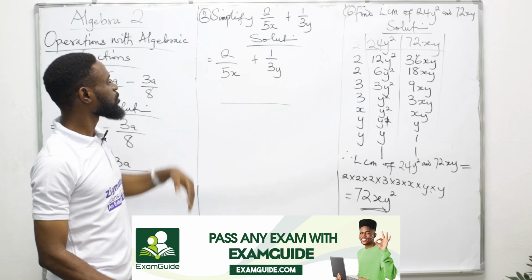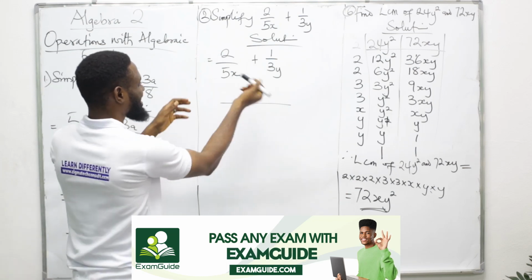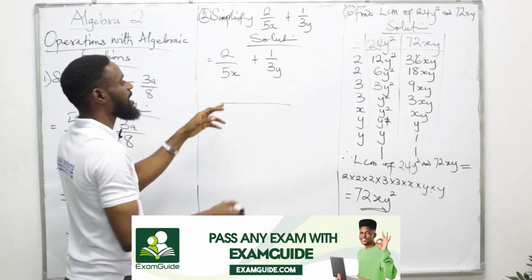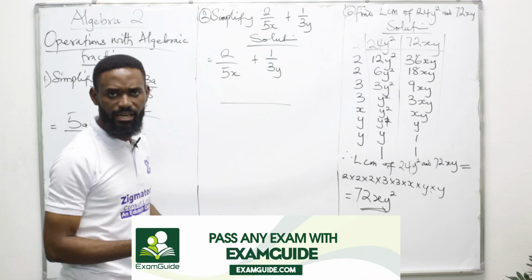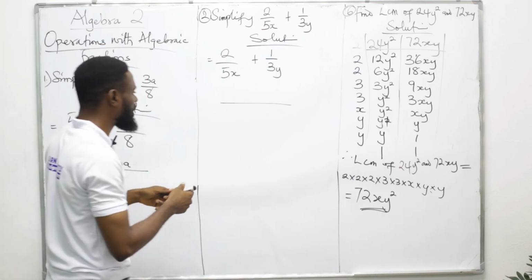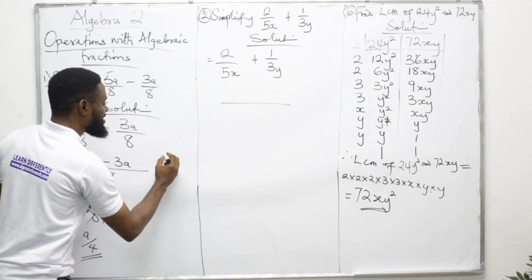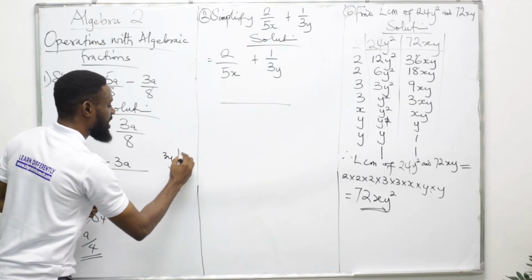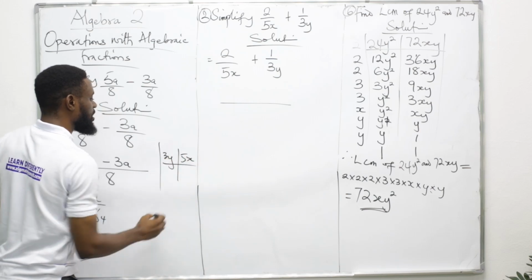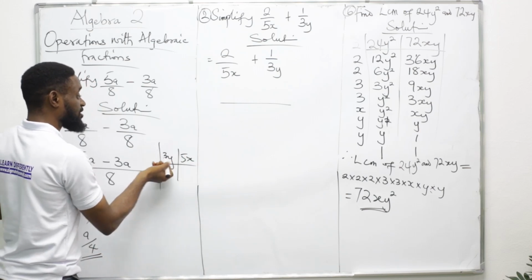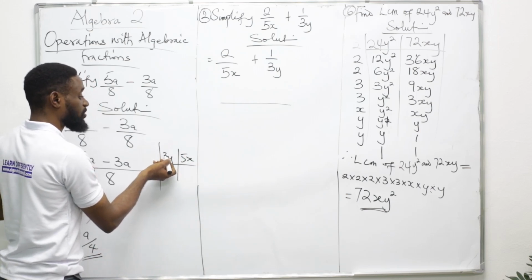You see the point? So they gave us 3y and 5x. Okay, so it's simply to get the LCM of 5x and 3y. That is what we are doing here now. So here there is no factor common to 3 and 5.